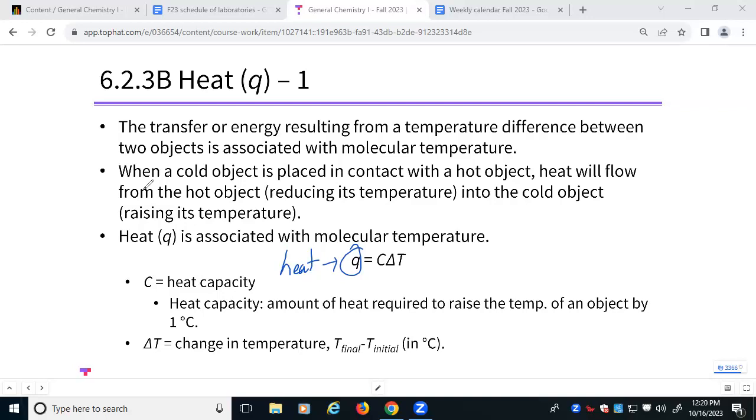Now, one important note about C. C is what is called the heat capacity. Each object, each substance, has a set value for heat capacity. By definition, heat capacity is merely how much energy does it take to raise the temperature of that substance by a degree.